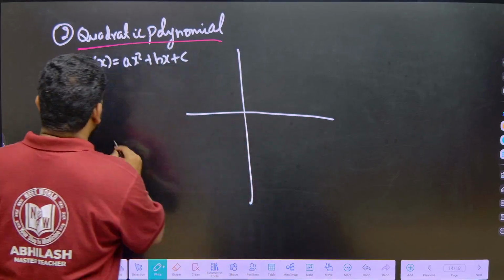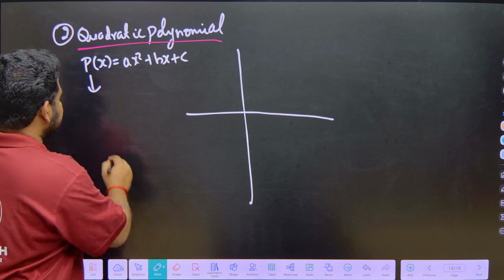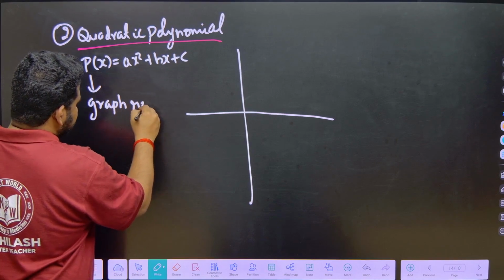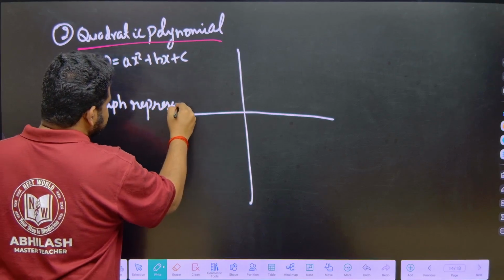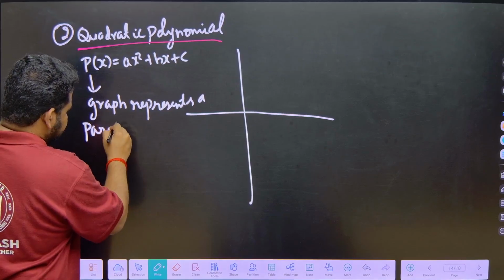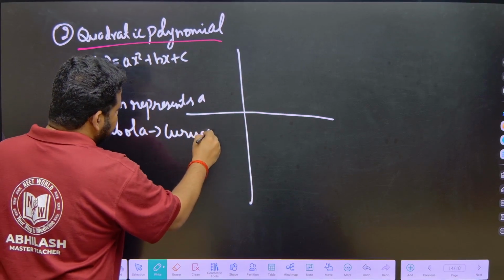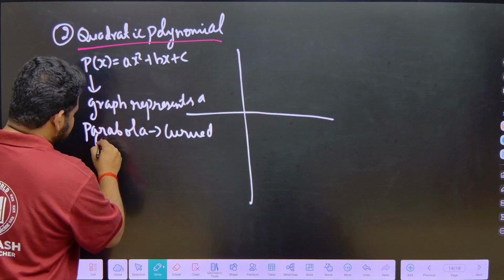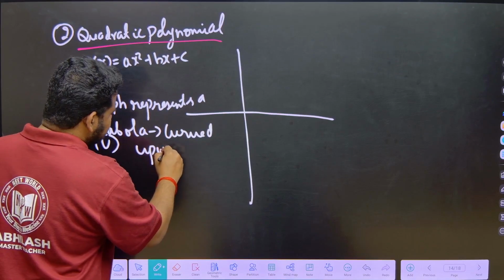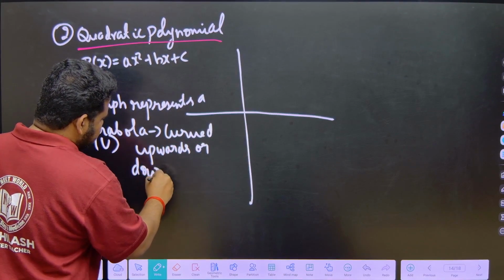For P of x equals ax square plus bx plus c, the graph represents a parabola. You learn parabola in your higher classes, don't worry much. It is a parabola, that is, a U-shaped graph. It can be curved upwards or downwards depending on the polynomial.